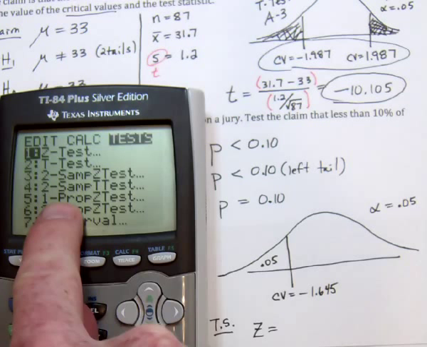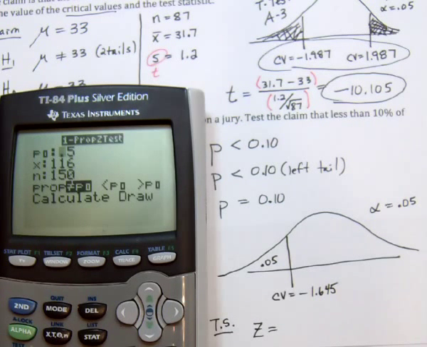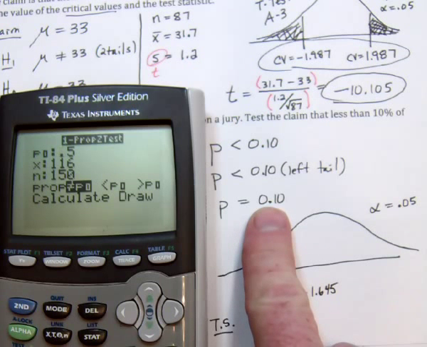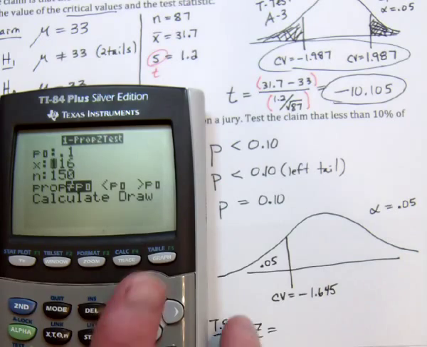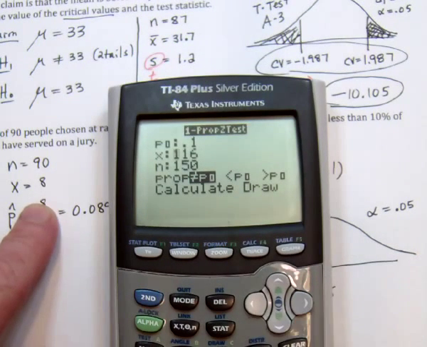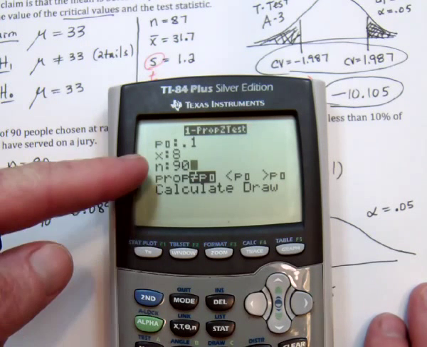One proportion, a z-test. We need to tell it what's the number for H sub O, that is 0.10. How many successes, so that's X, 8, out of how many? 90. Be aware that I usually write down the n first and then the x, but the calculator has it the other way around.